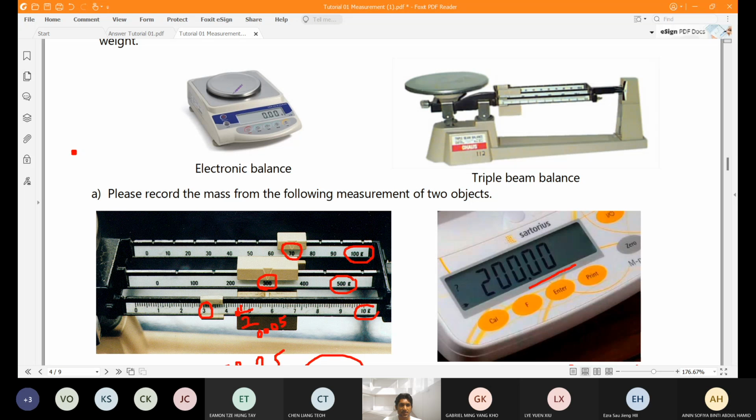This is the electronic balance, right? We are expected to put the object here at the center.